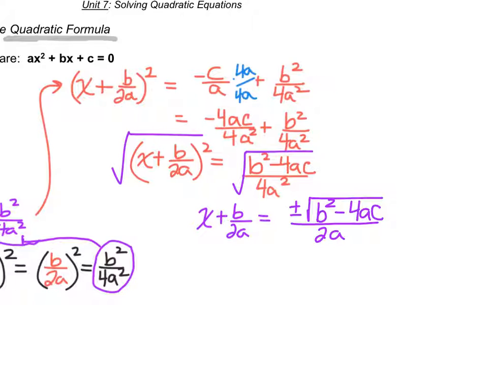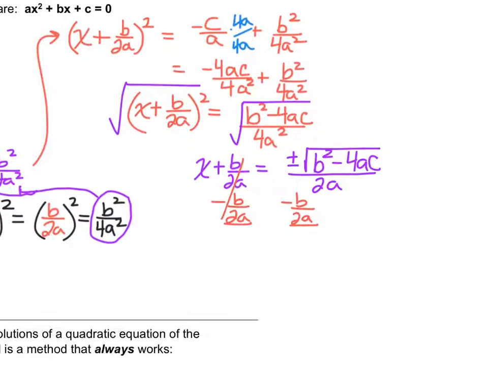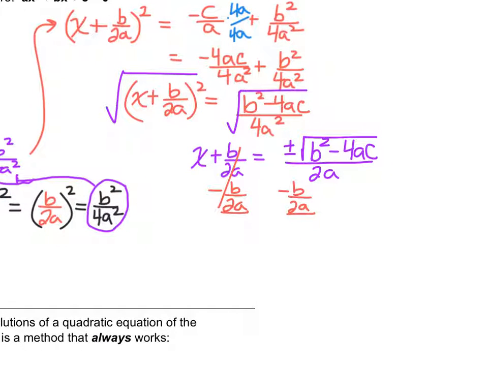All right. Pretty much there, because if I want to get x alone, what do I need to do? Subtract b over 2a. So we'll have negative b over 2a.